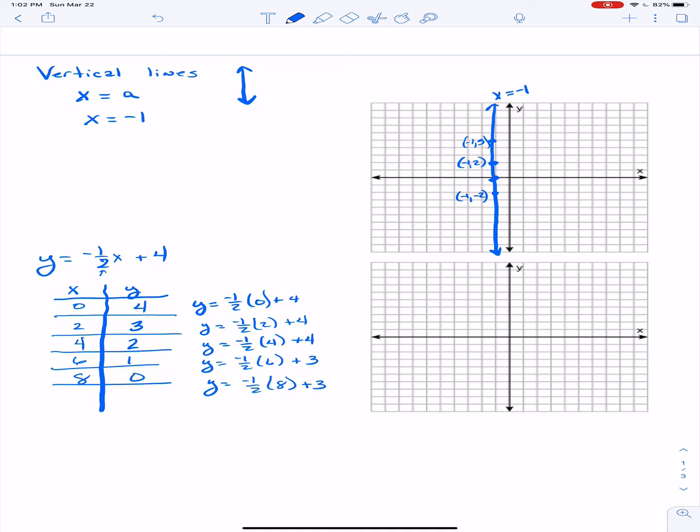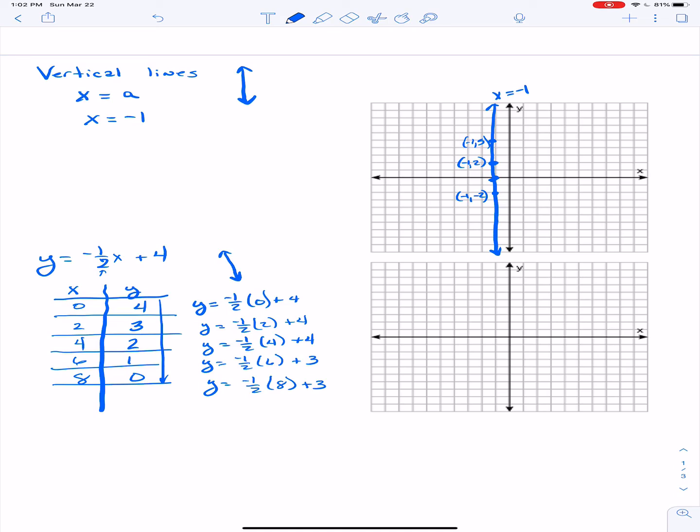If you'll notice that I have a negative 1/2, which is my coefficient of x, which means that my y's are decreasing as my x's are increasing. So when I graph this line, I should have what we call a negative graph, okay? So I'm going to come over to my graph and I'm going to graph these.